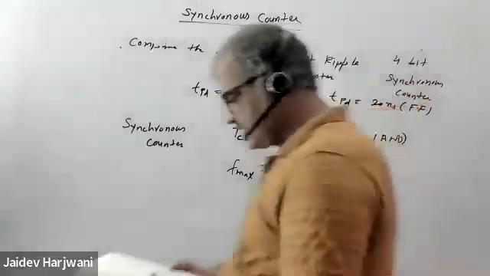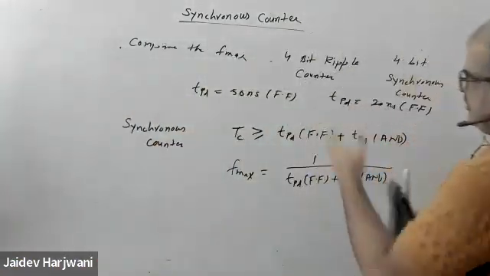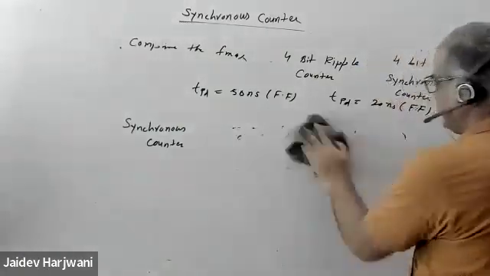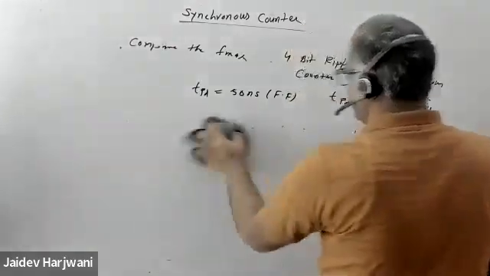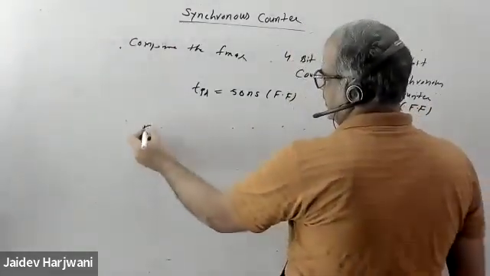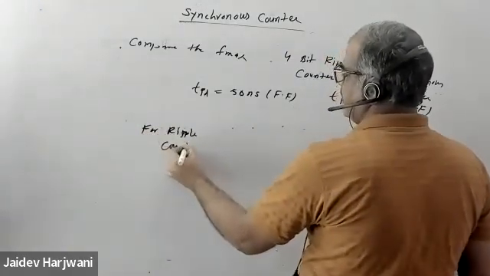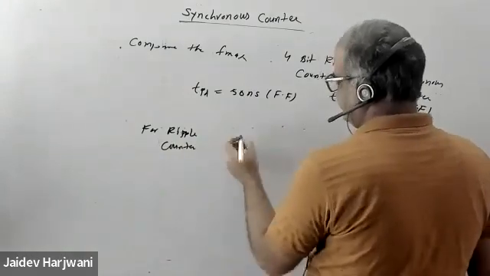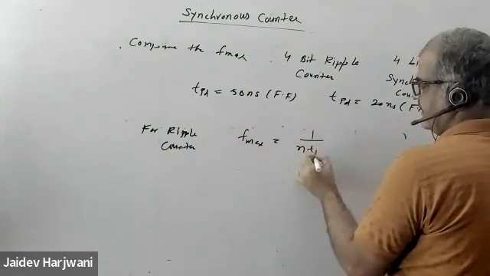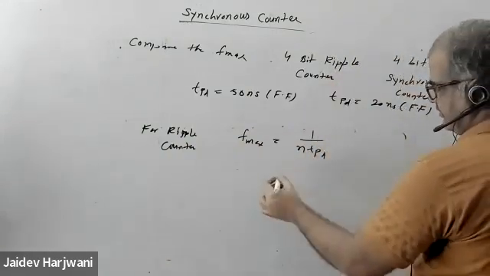Now they're asking for the F max for both counters. The formula I have just written: for the ripple counter, F max equals 1 upon n TPD. A 4-bit ripple counter requires 4 flip-flops.